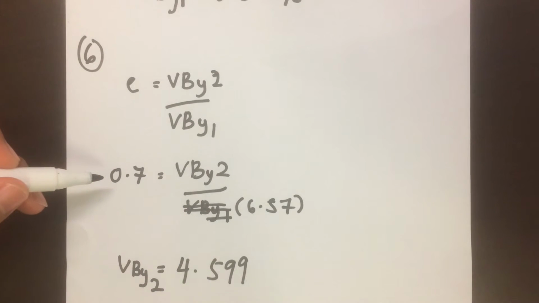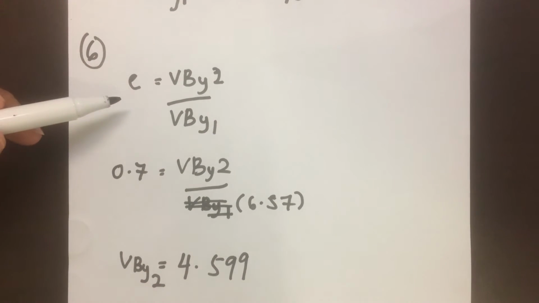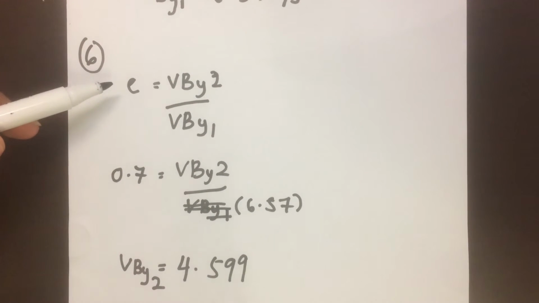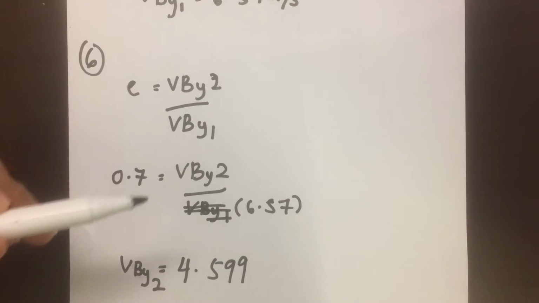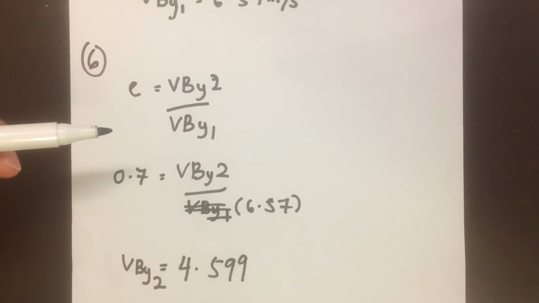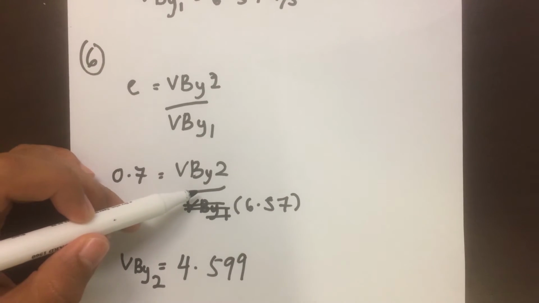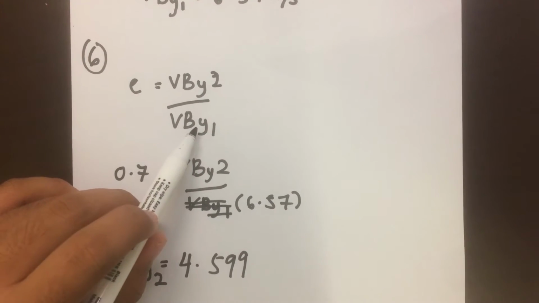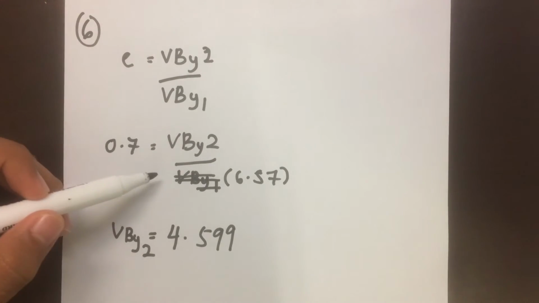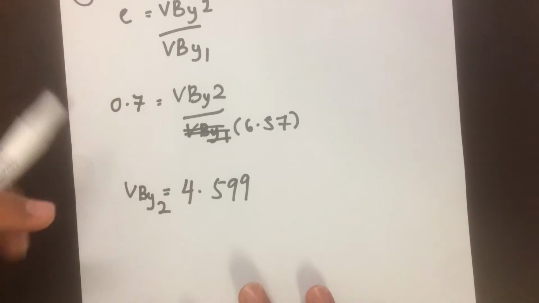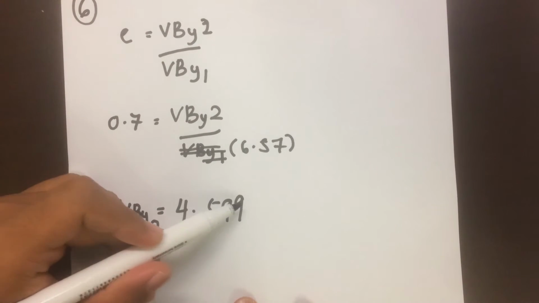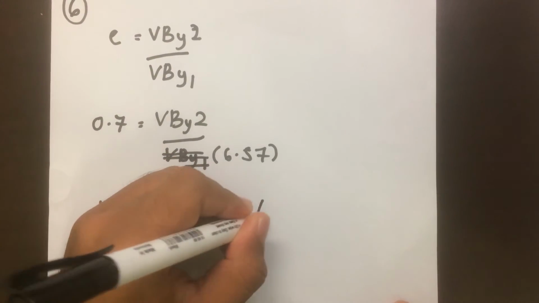From the information given, we put the coefficient of restitution, 0.7, equal to VBY2, which we do not know yet, over VBY1, which is 6.57. When we solve the equation, we get VBY2 equal to 4.599 meters per second.